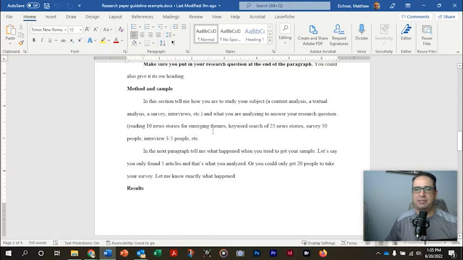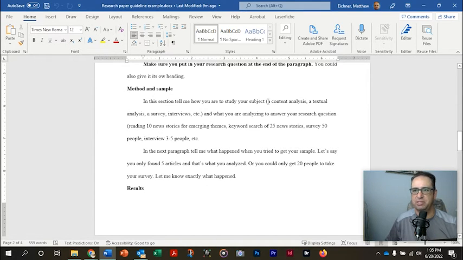Now, your method and sample are basically how you are going to answer your research question. So if you've got a question about your subject, I want you to be really specific. It needs to be media related, which I think almost every single one of you did when you sent me in your topics. So make sure that your method and sample are really specific in how you're going to study your subject.